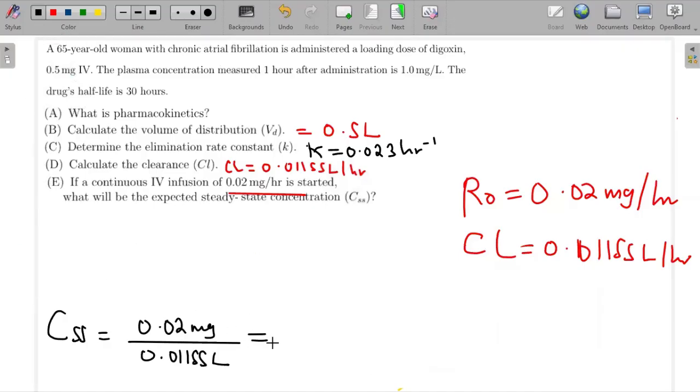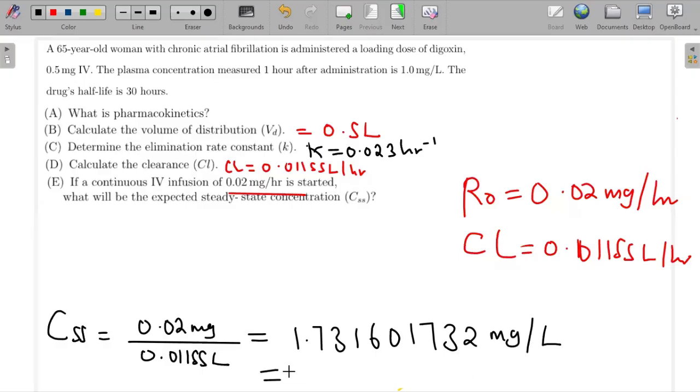So this will be equals to, okay, so let me do that. So 0.02 divided by 0.01155. So that is giving me what now? Okay, it's giving me 1.7316011734 and then milligrams per liter.